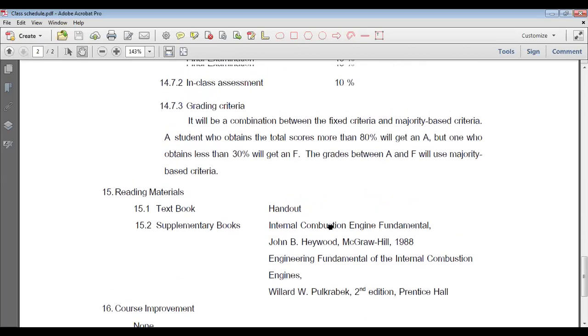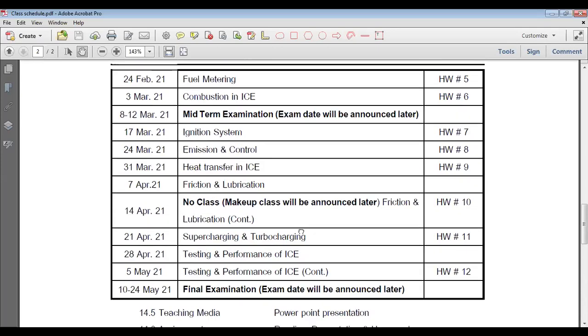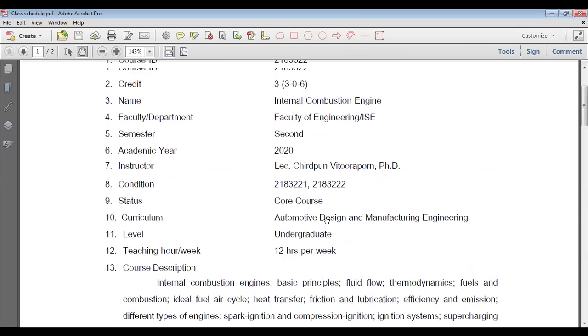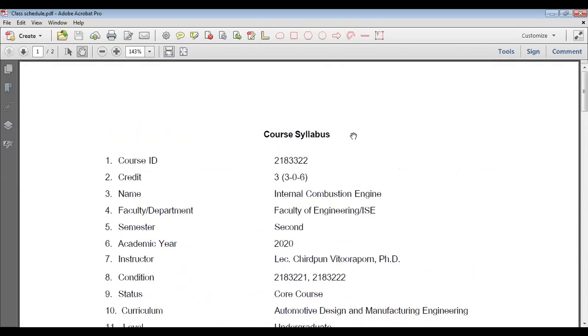Okay, so that is the overall course syllabus that we have to follow for this course. Any questions for the course syllabus? Any questions? Clear. Okay.